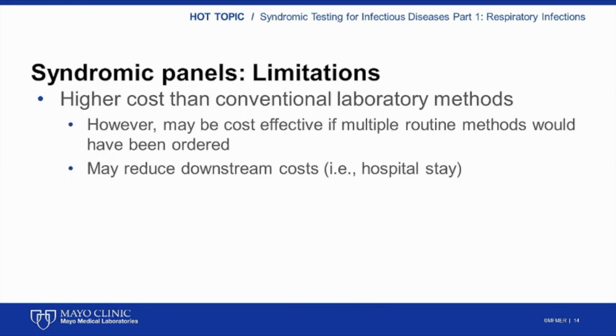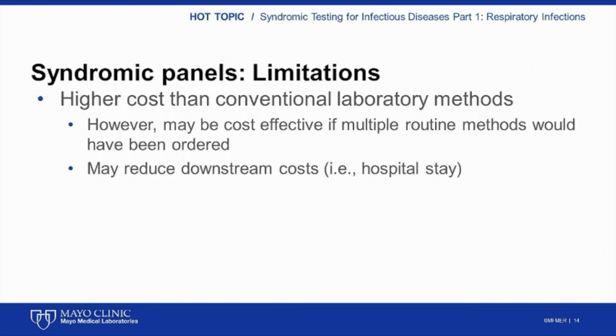Despite these advantages, syndromic panels have a number of limitations that you should keep in mind. First, these assays often have a higher cost, both to the lab and to the patient, compared to conventional laboratory methods. However, they may be cost-effective, especially if the provider was planning to order multiple routine tests, such as cultures and a number of targeted molecular assays.